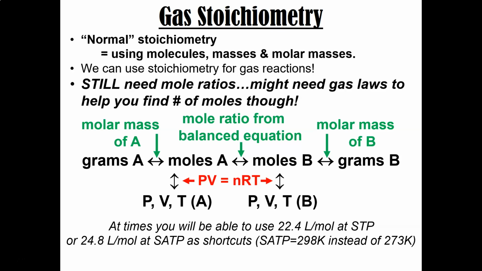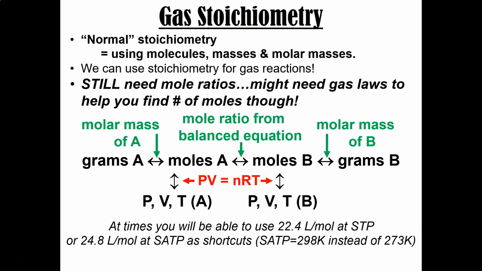If you're at standard temperature and pressure, and you use the ideal gas law, and you put in that you have 1 atmosphere, and you have 0 kelvins, and you have 1 mole, the volume that you get when you solve that ideal gas law is 22.4 liters for your volume. So you're basically memorizing an answer for a specific temperature and pressure to save you this step. You can use it as a conversion factor instead of having to actually do the ideal gas calculation.